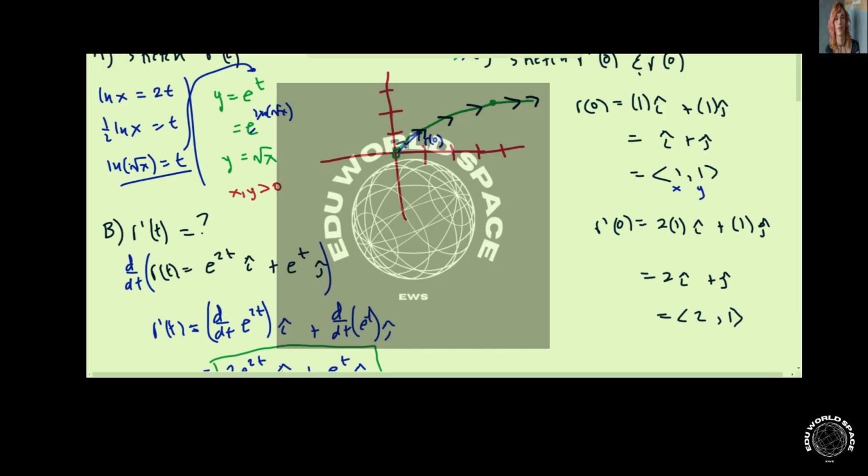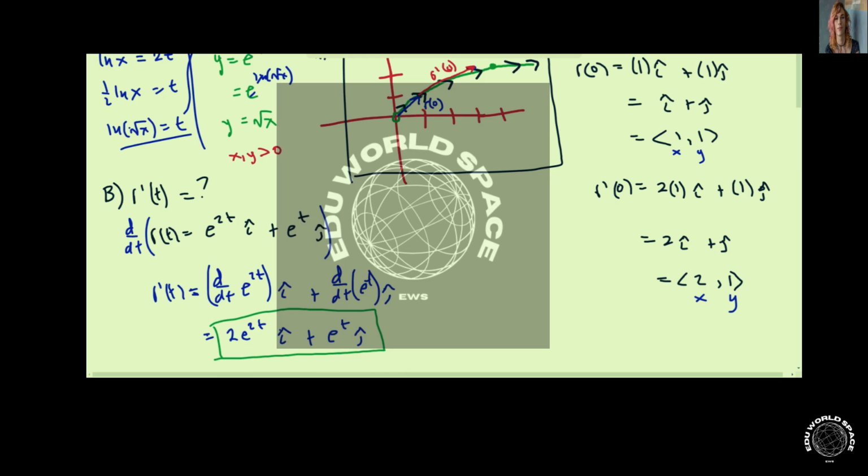So we want to go 2 in the x direction and 1 in the y. So we go 2 in the x direction, 1, 2, and then 1 in the y, so it would be around here. Maybe I should do this in a different color. I'll do this in red. So this here is going to be r prime of 0. So this is our sketches for A and C. And then our derivative would be down here.